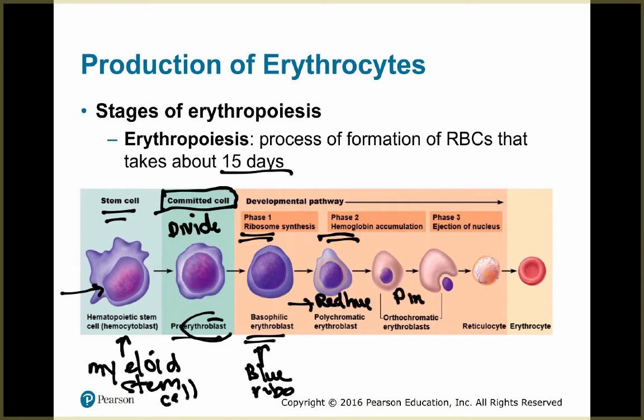Now they're becoming this very much pink color, because at this point they contain mostly hemoglobin. And do you notice what's happening here? These are what are known as orthochromatic erythroblasts. They are starting to eject most organelles.